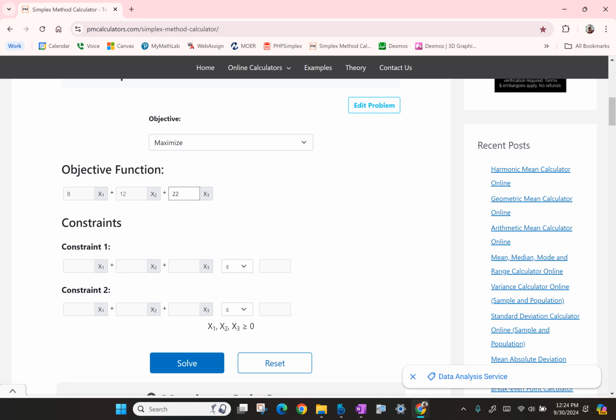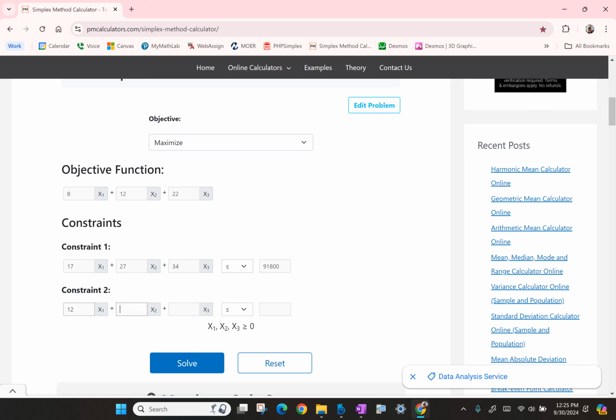This is a maximize. Our objective function had x sub 1 with a coefficient of 8, then 12, and then 22. Our first constraint, which was from the iron in this problem, had coefficients of 17, 27, and 34, less than or equal to 91,800 units of steel. Our second constraint was the aluminum constraint.